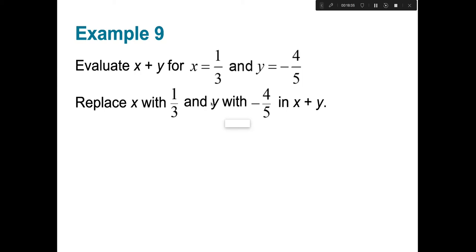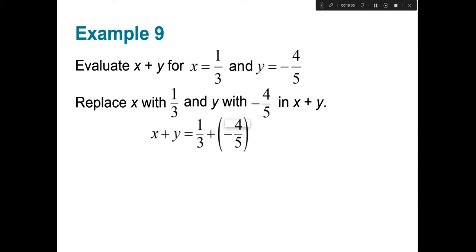If it says x plus y equals 1/3 plus negative 4/5, it means that x is 1/3, because it doesn't explicitly tell us that here. Yeah, no, because I just copied and pasted that off of a website. Okay. Sorry. That's what that means, yes. After I have inserted these numbers in for x and y.